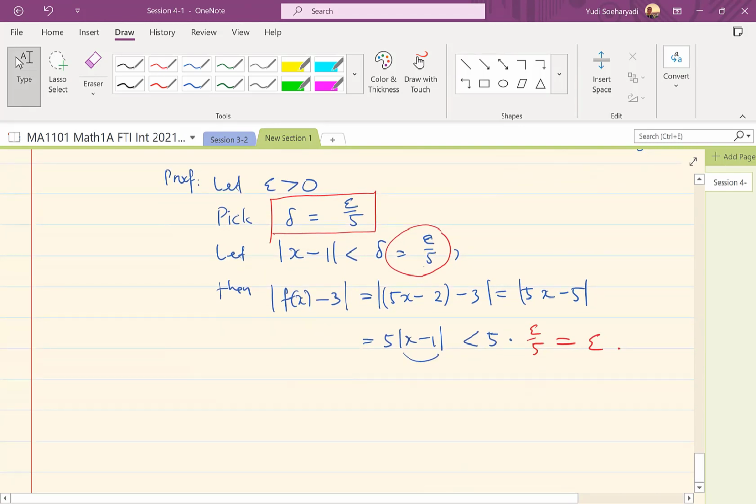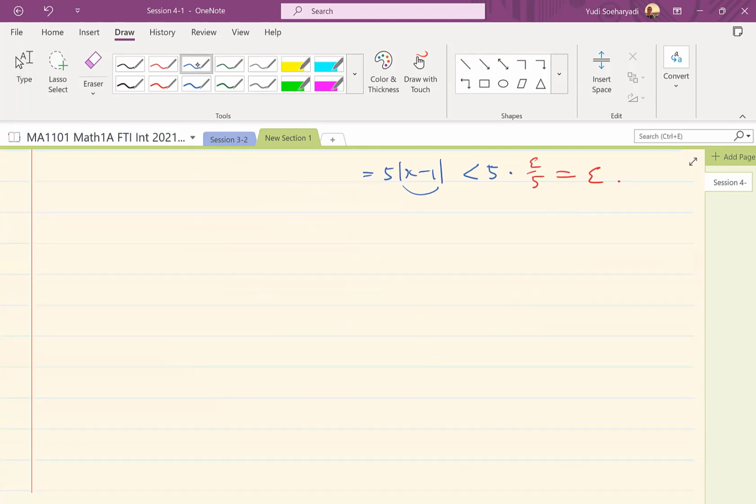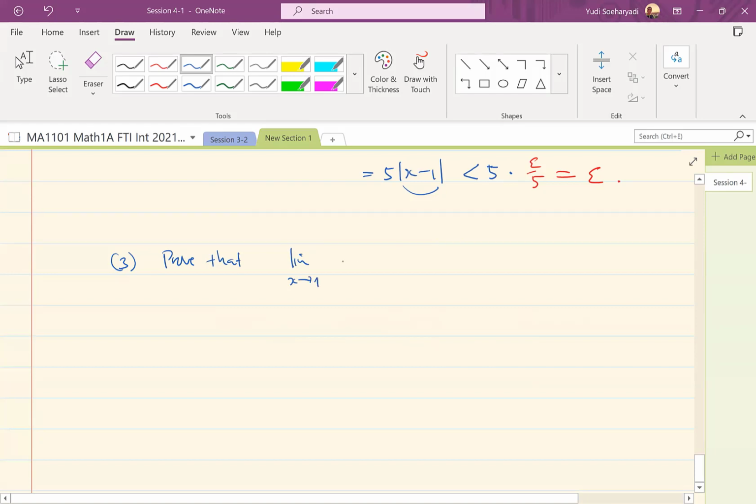Okay, so let's prove that the limit of x cubed as x approaches 1 is 1.